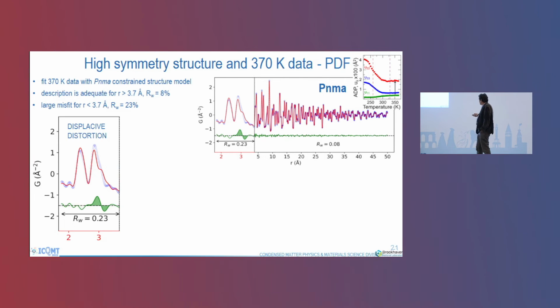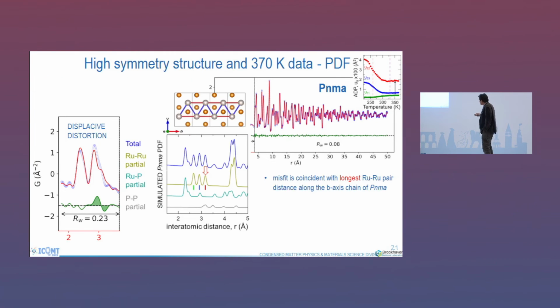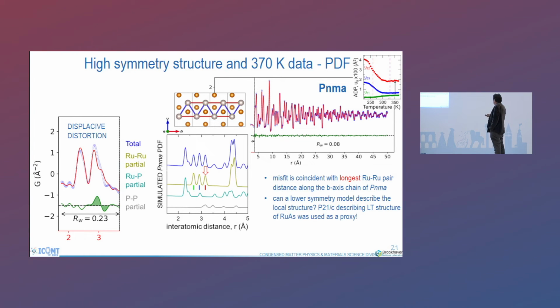This is a characteristic signature of displacive distortion, which you can, through simulations of partial PDFs, track to the longest distance in the structure, which is ruthenium along the b-axis chains. In order to understand this, we used as a proxy the low temperature P21/c model.